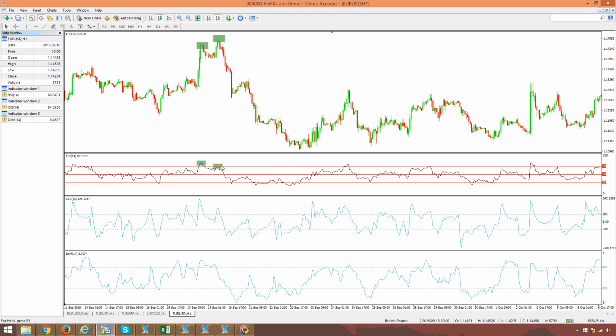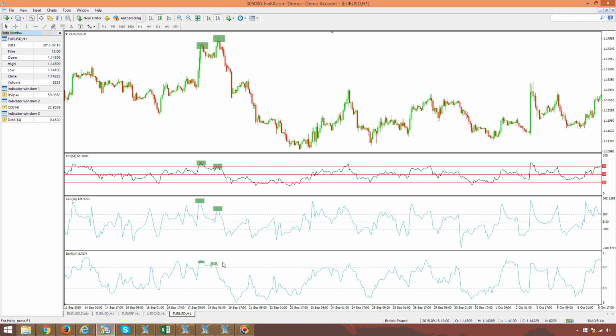None of the oscillators. This is the RSI. This is the commodity channel index. This is the DeMarker.